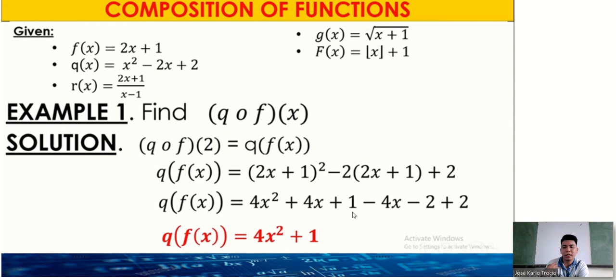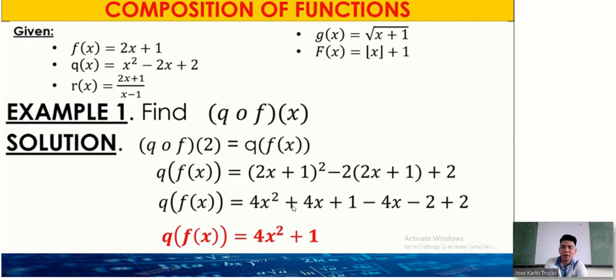Okay, so this one, you have it here, negative 2 multiplied by 2x plus 1. Very simple, distributive property. Negative 2 times 2x, that is negative 4x. Negative 2 times 1, that is negative 2, bring down 2.